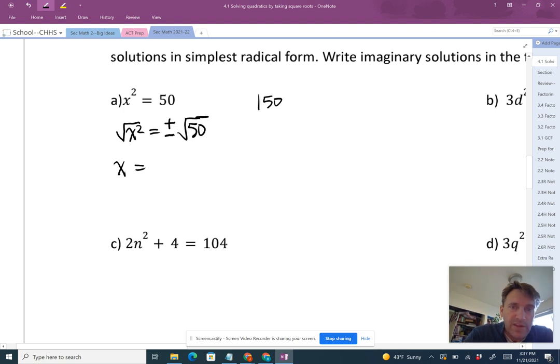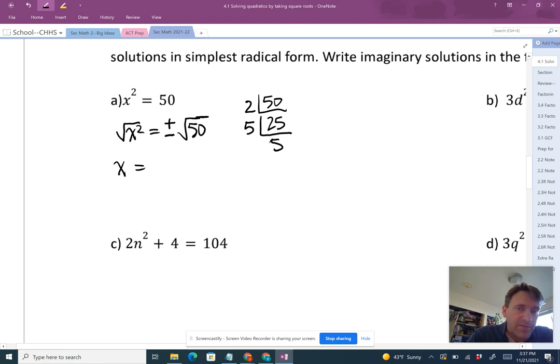So 50, 2 will go into 50 25 times. 2 will not go into 25, so we go to the next prime factor, 3. 3 won't go into 25, so the next prime factor is 5. 5 will go into 25 5 times, and so the prime factors of 50 are 2, 5, and 5.